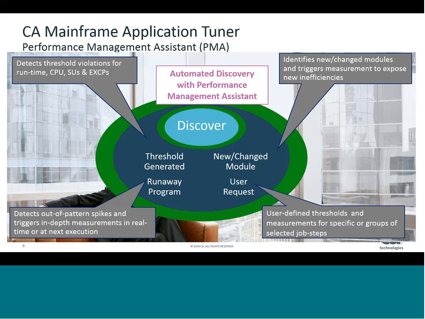So either the performance profile is changing, or you know that there's a specific batch job or a specific transaction that you want to catch when it does run. You can invoke these things into PMA. Next slide, please.